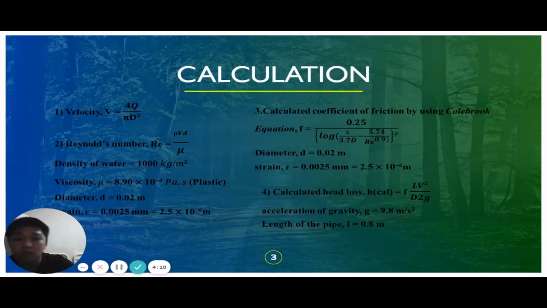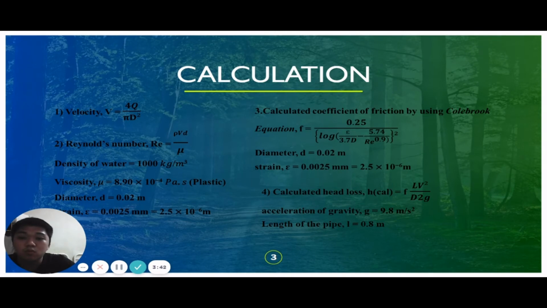These are the equations we use to calculate for the experiment: the velocity, Reynolds number, coefficient of friction, and the head loss. For velocity, we use the formula V equals 4Q over pi d squared, where Q is the volumetric flow rate and D is the diameter. For the Reynolds number, the formula is Re equals rho V D over mu.